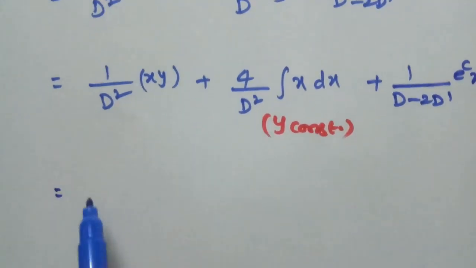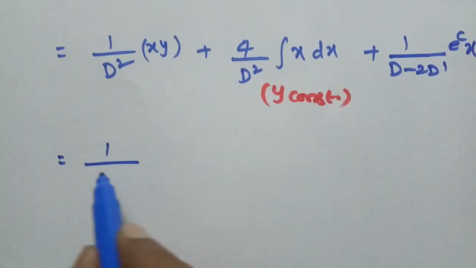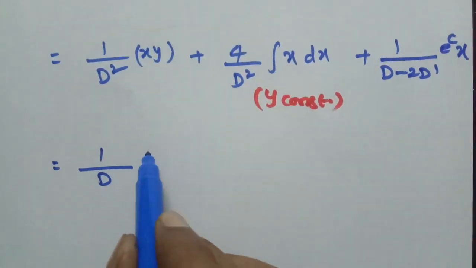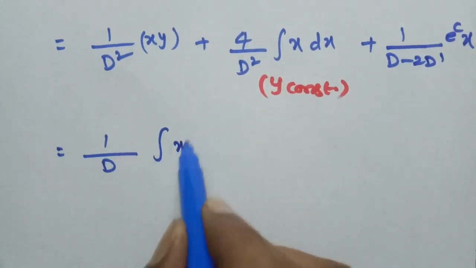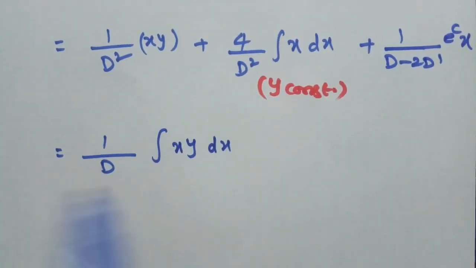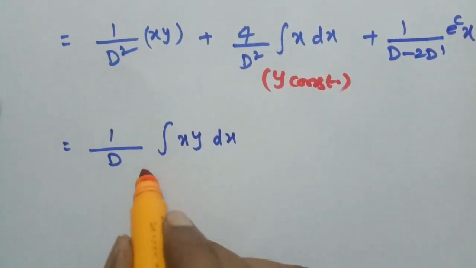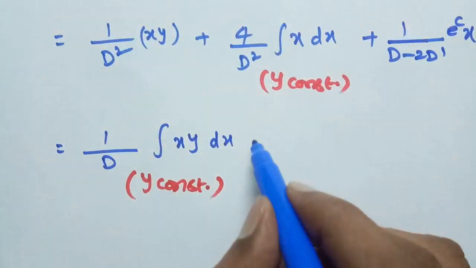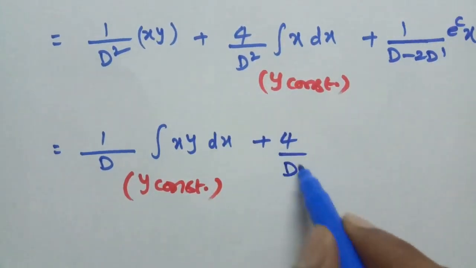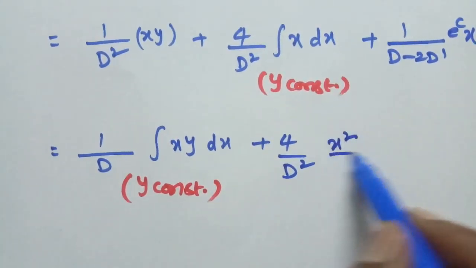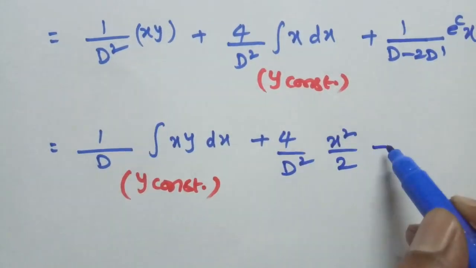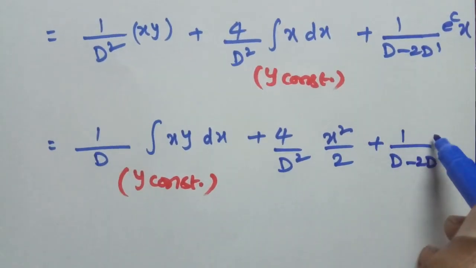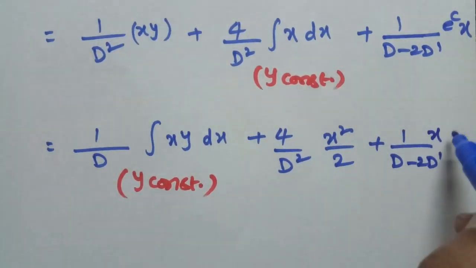Therefore this can be written as 1 by d into, again 1 by d means integration of xy with respect to x, keeping y as a constant, plus 4 by d square into integration of x square by 2 plus 1 by d minus 2d dash into x into e power c.